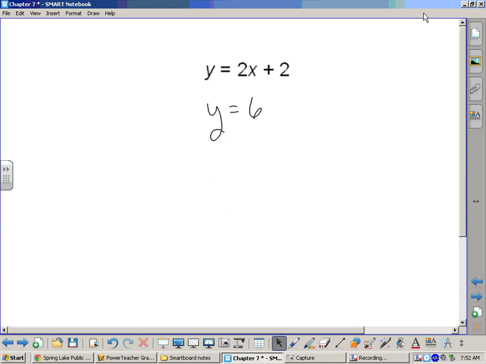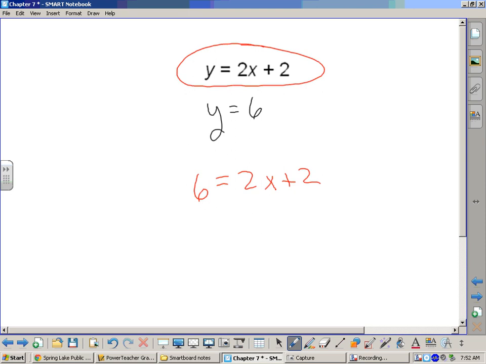If we have an equation, y equals 2x plus 2, and I tell you y equals 6, we can just substitute 6 in for y. So instead of y, we'll put 6 equals 2x plus 2, and then we could solve for x.